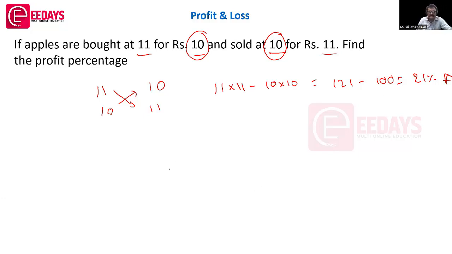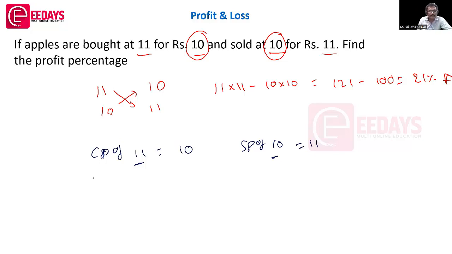So how to solve these types of questions? Here, CP of 11 is equal to 10 and SP of 10 is equal to 11 rupees. You must equate these two numbers. How to equate them? We take the LCM of these two numbers. Here, these two numbers are co-primes. If two numbers are co-primes, the LCM is the product of the numbers.